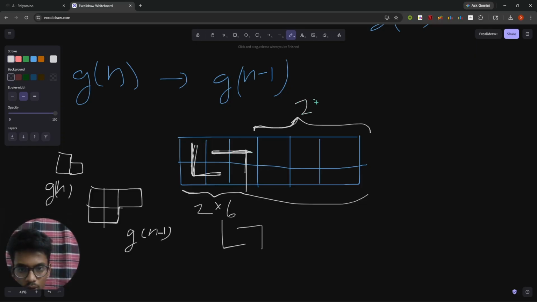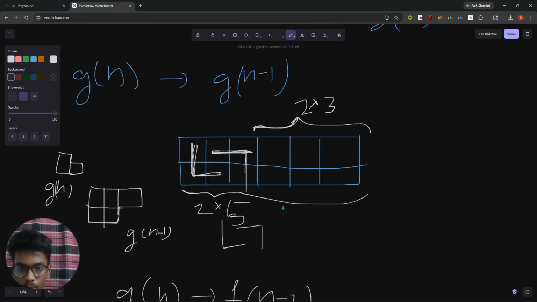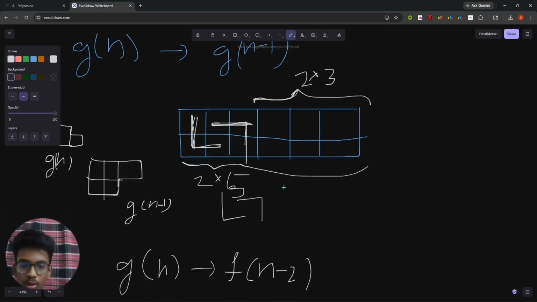That means it's a 2 cross 5 grid. However, it has one extra block here, which is filled. It led me to a 2 cross 3 grid. That means g of n also leads to f of n minus 2, because full grids are denoted by f, right? So g of n equals g of n minus 1 plus f of n minus 2.